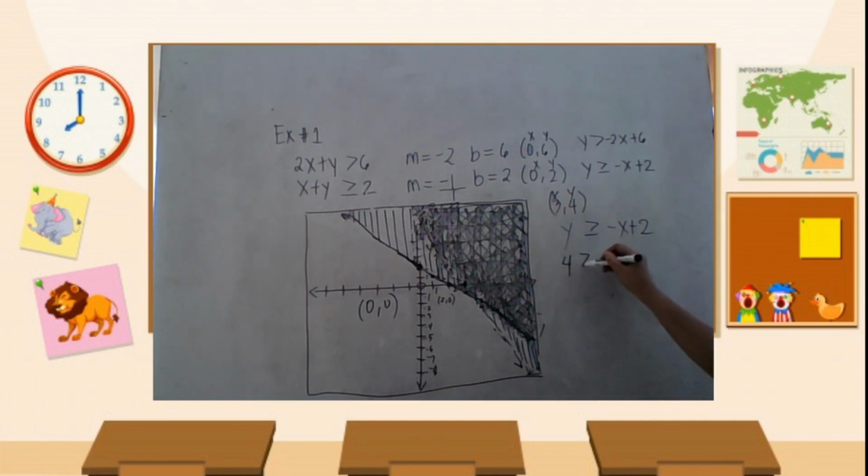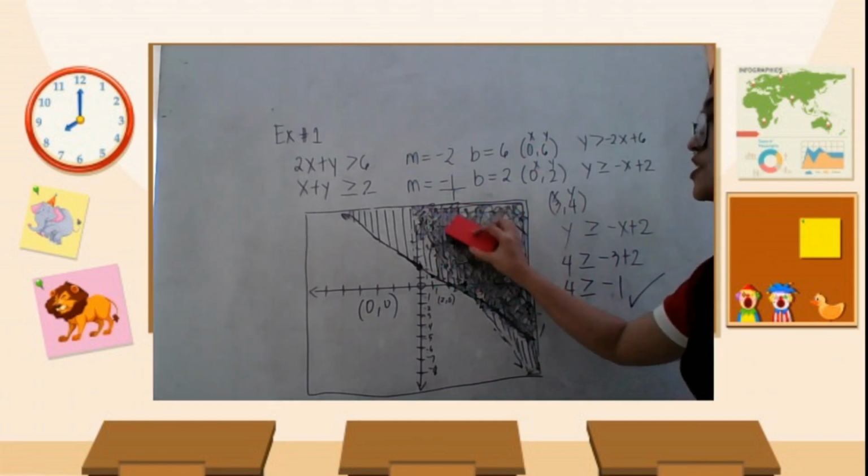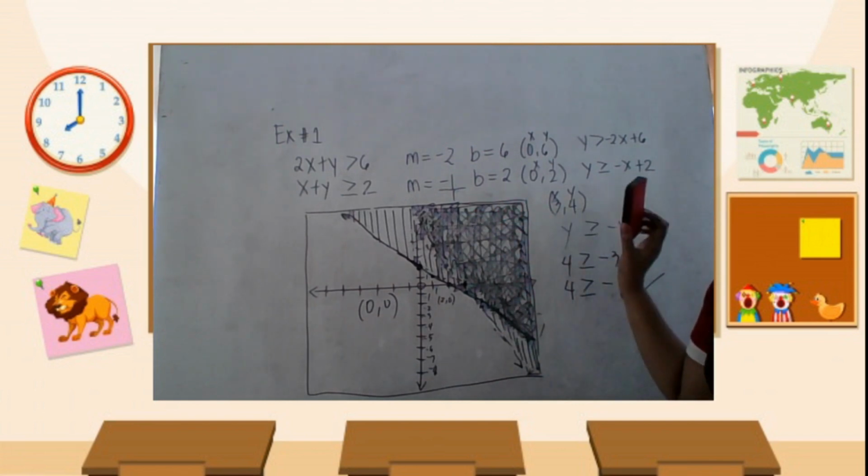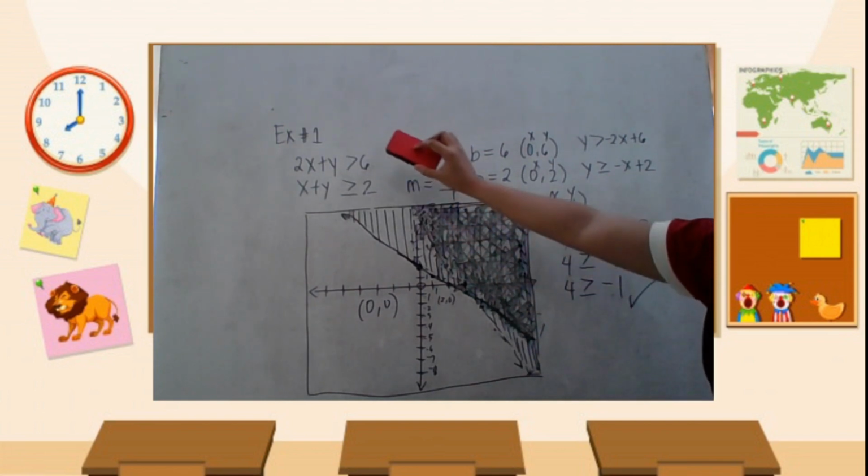So, 4 is greater than or equal to negative 3 plus 2. 4 is greater than or equal to negative 1. Is this true? Yes, kasi mas mataas pa rin. Okay? So, you can see, tama po ang ating graph. And yung intersection nila talaga ay nandito sa part na to. Itong magulong part. Okay? So, ibig sabihin, yun po ang solution ng ating system na given.